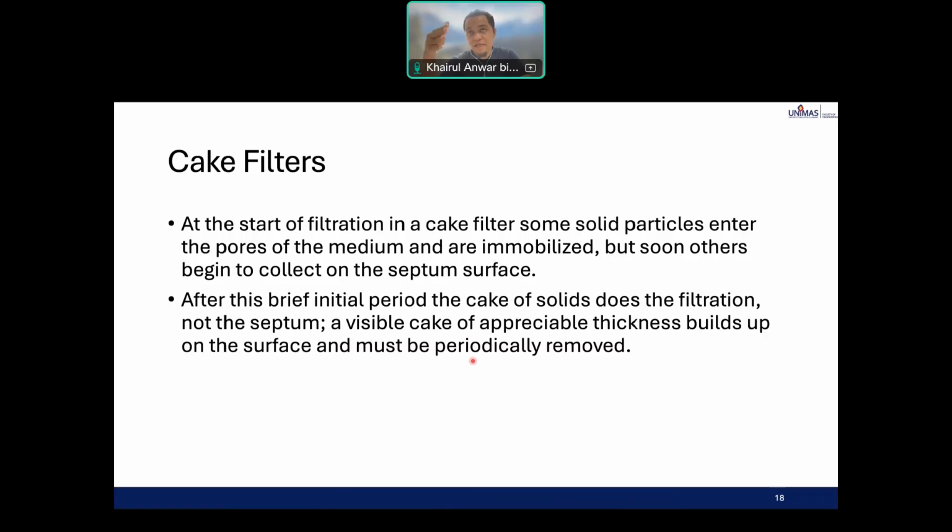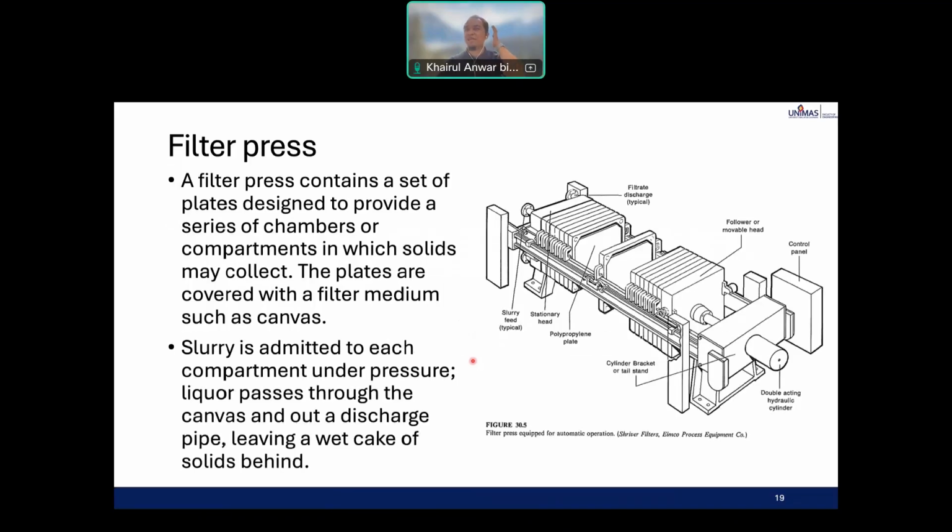So when the time comes, they need to do a cleaning, normally in situ cleaning. Depending on whether you need chemical cleaning, then you need to take it out. But normally for membrane filters, we can last 3 to 5 years.